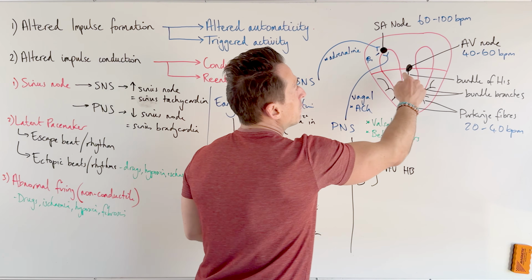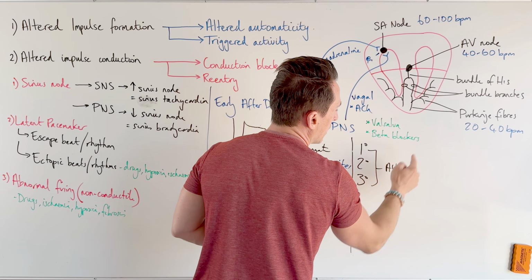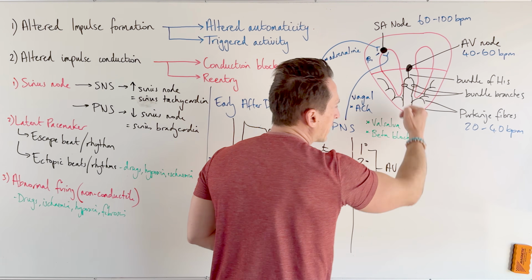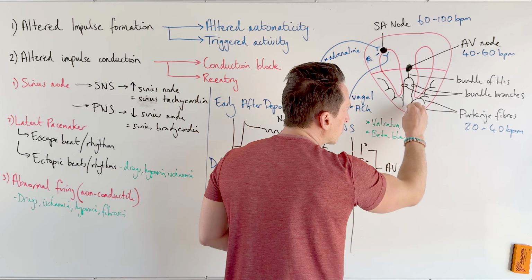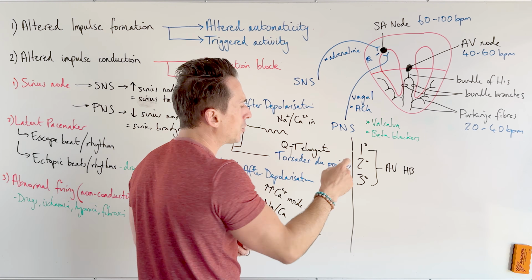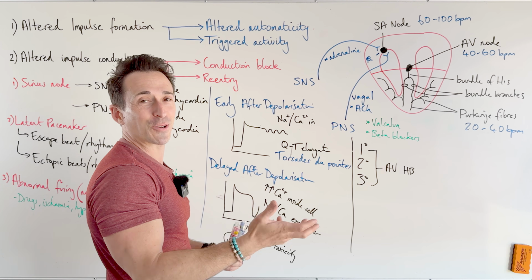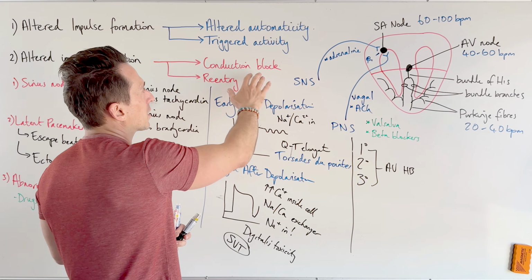So when we have AV node block and onwards, the first degree AV block is when the signal's delayed, but it ends up going through. Second degree AV block is when some signals go through, others don't. And third degree heart block is none of the signals are going through. The ventricles need to figure out what to do. Like I said, I'm going to do a whole video on the conduction blocks.